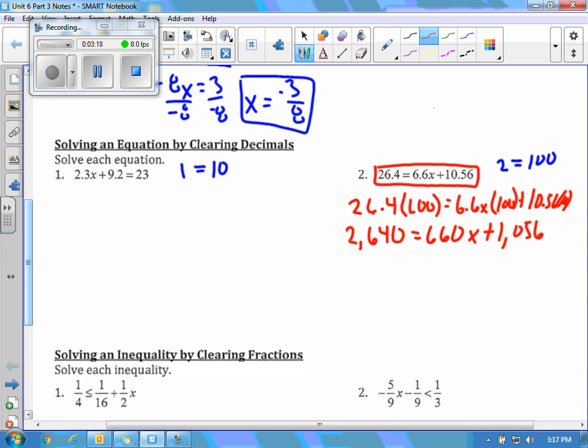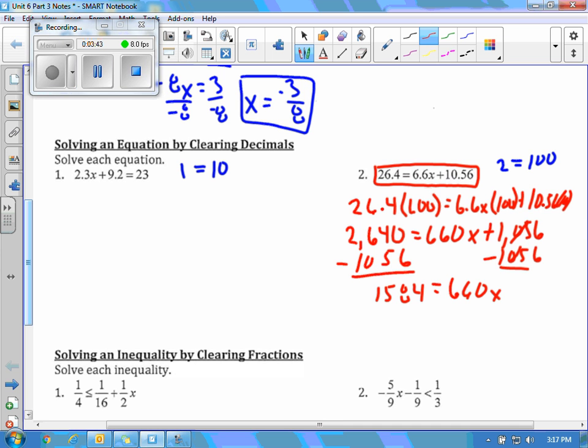So now, again, I only have integers. I only have whole numbers, no decimals. So now I can solve. I need to subtract 1056 from both sides. On the left side, when I subtract, I'm going to get 1584. And then on the right side, I'll just have 660x left.